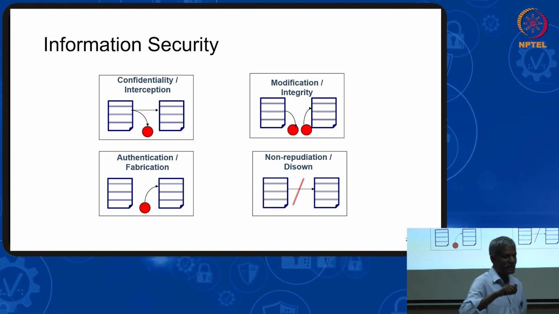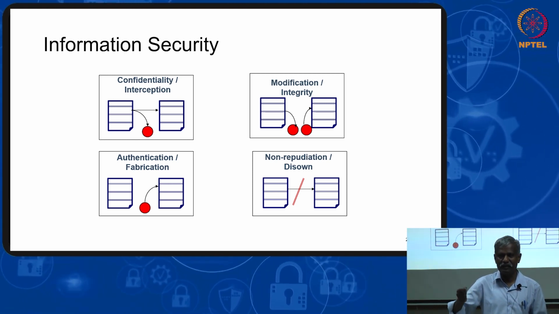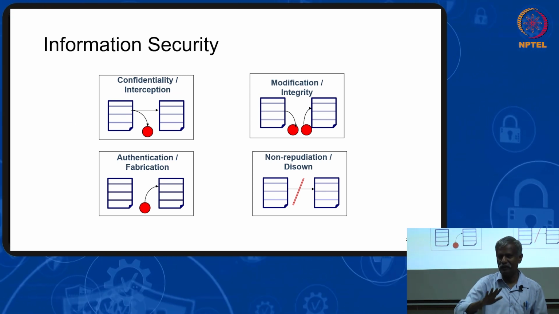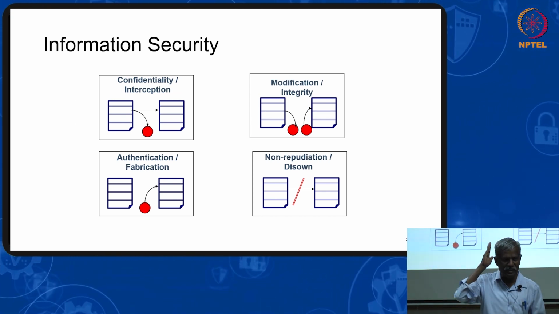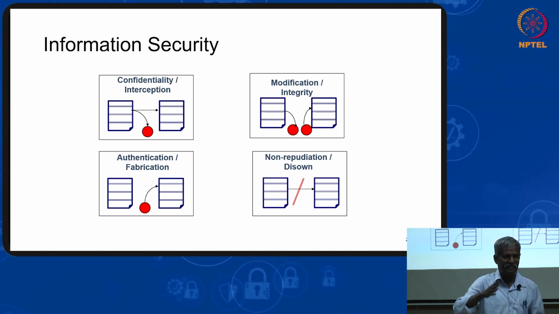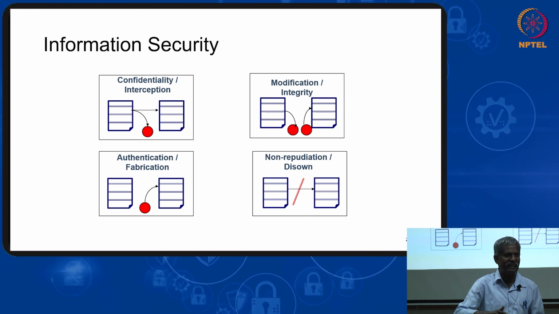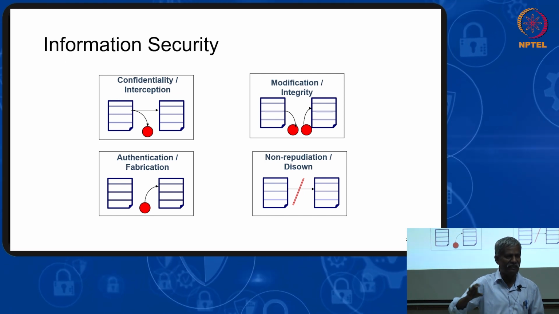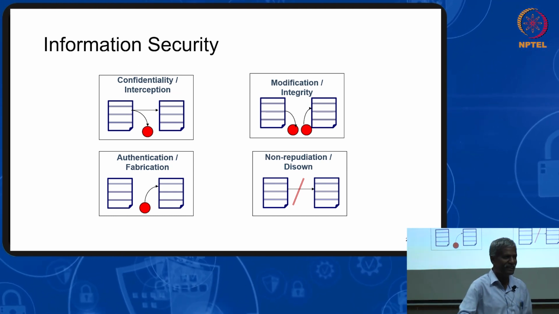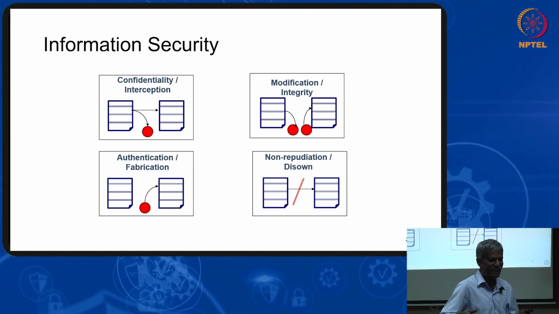Even in the office, if I write confidential, nobody should open it. It can be opened only by the controller of examination. If confidentiality is not maintained, anybody can take a copy of the question paper. If the question paper is copied by many people, then there is no use of conducting an examination.